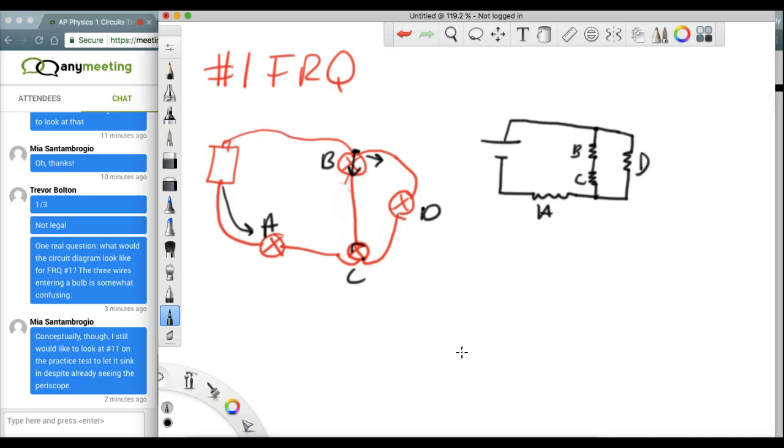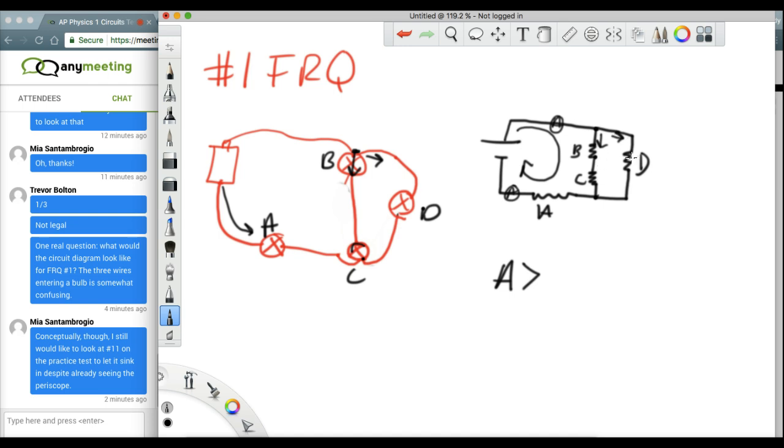And if you were asked, which in this question you are, to rank the brightness of the bulbs, they all have the same ohms of resistance. So A would be the brightest because it's getting the full current of the battery. Remember, the current goes around this way. But if I put an ammeter here or here, it's going to be the same. So A is getting the total current. The current between this branch and this branch is being split.